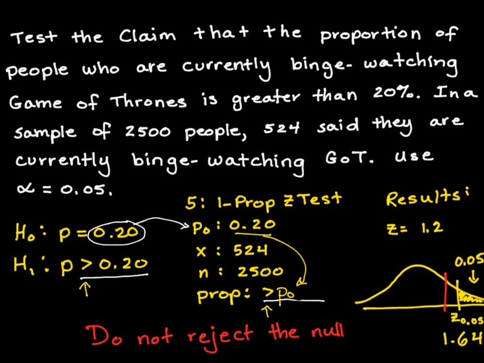And now I can compare that to my critical value of 1.64, and since 1.2 is not falling in the rejection region, here's my 1.2. So we do not reject the null hypothesis.